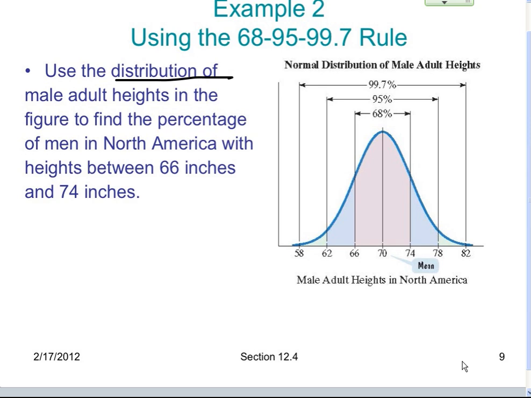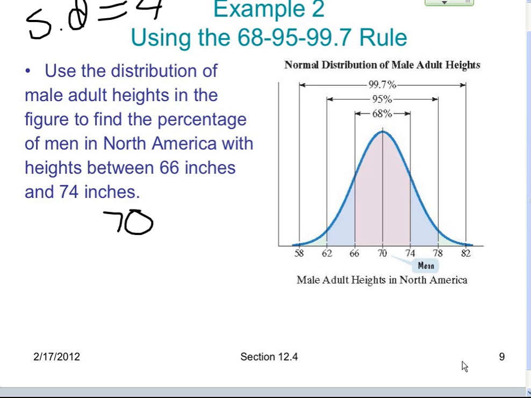Use the distribution to find the percentage of men with heights between 66 and 74 inches. To figure this one out, you have to figure out how many standard deviations away from the mean you are, which will tell you the percent. So remember the mean is 70 and the standard deviation was 4.